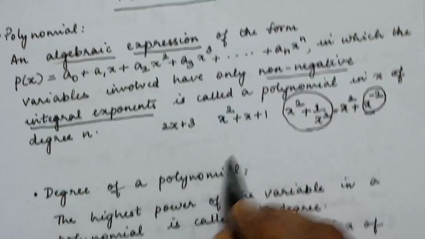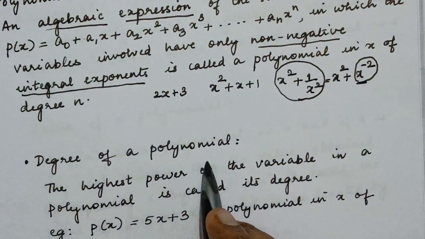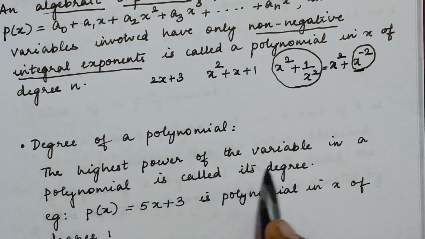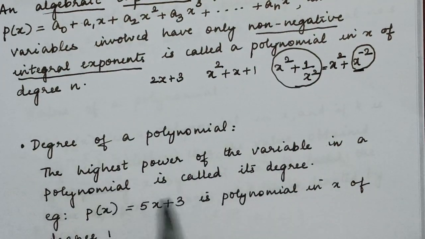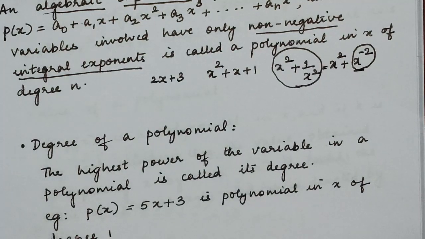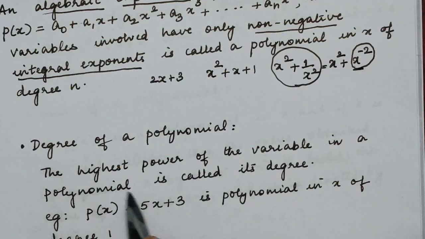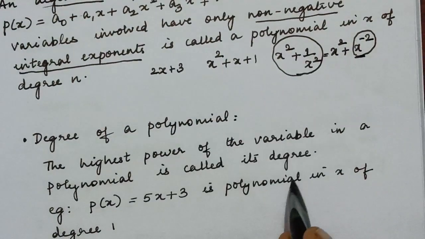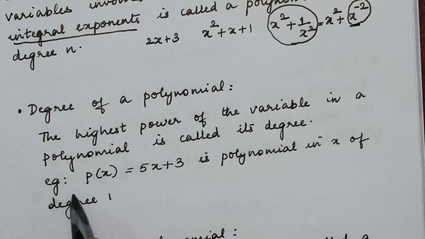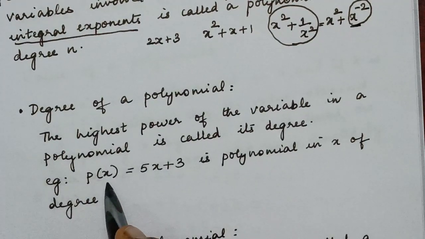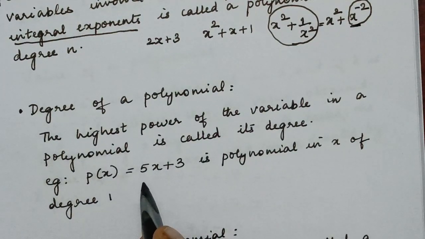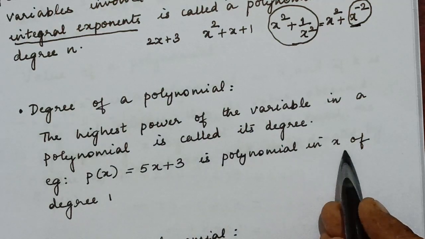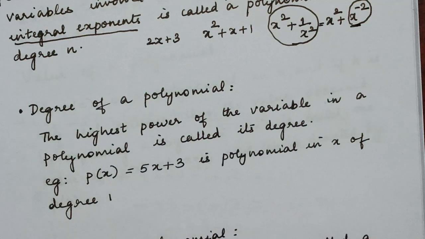Now we will see what you mean by degree of a polynomial. The highest power of the variable in a polynomial is called its degree. Example: suppose p of x is equal to 5x plus 3, a polynomial in x of degree 1.